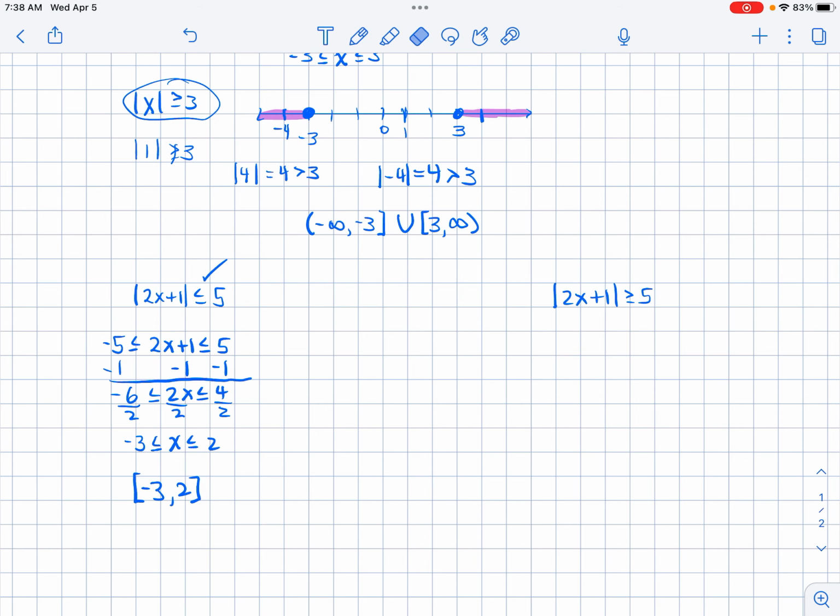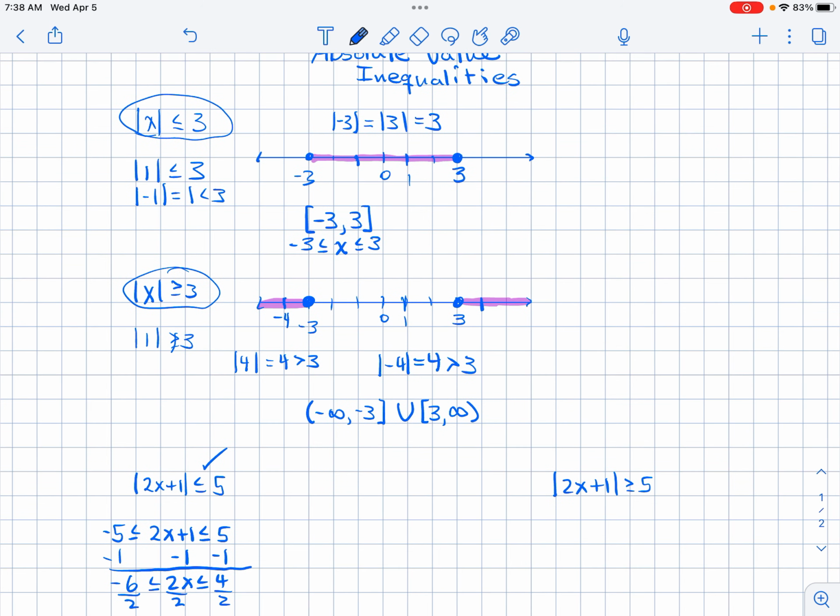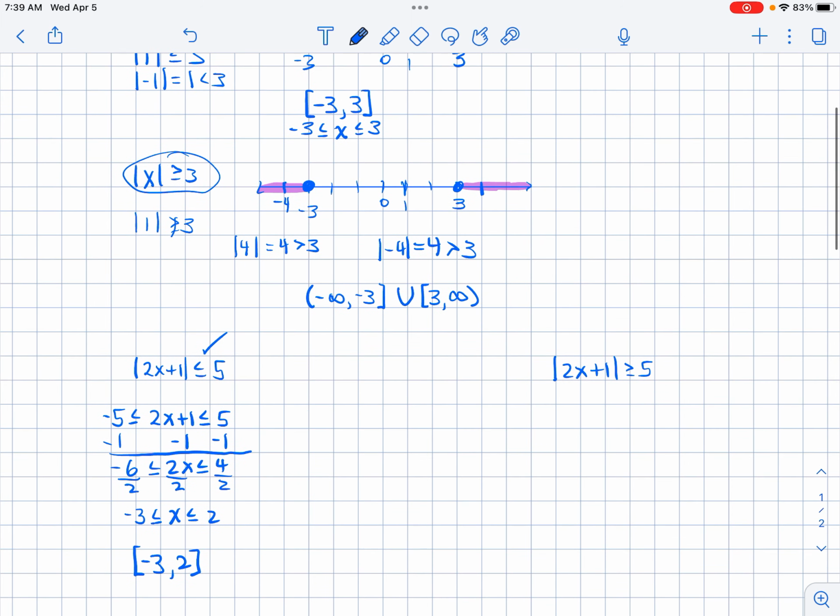Okay? So just like this other one, where we have greater than, we're going to do this. Looking back at that one, look what we did. We said x can be less than or equal to negative 3, or x can be greater than or equal to positive 3.